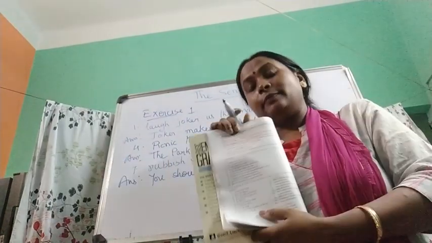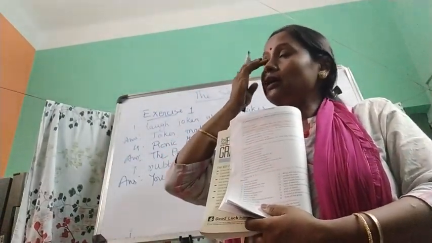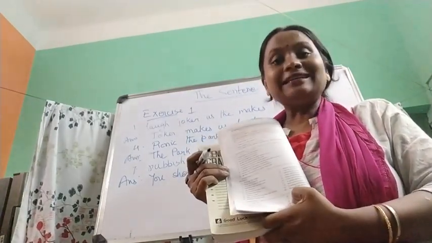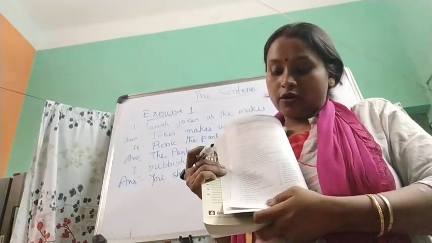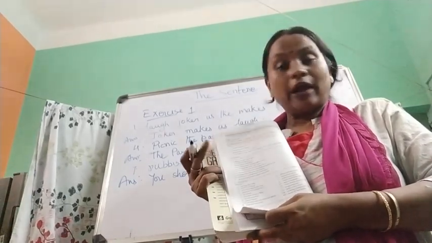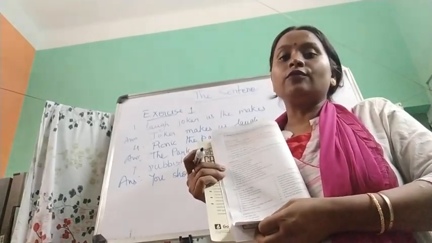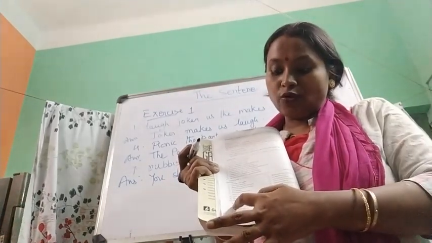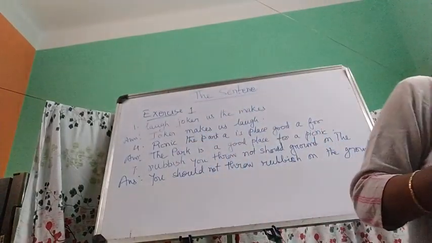Now, exercise number 3, you should do this thing, making sentences. It would improve your vocabulary, and it would also improve your art of writing English. For exercise number 3, I will do a few examples for you.